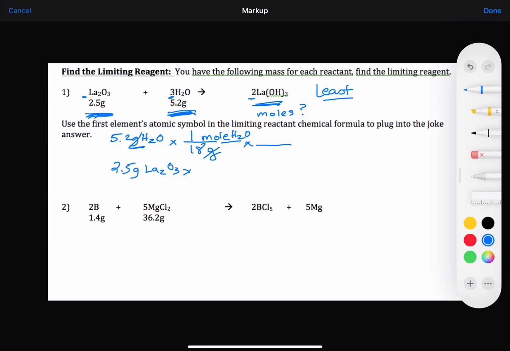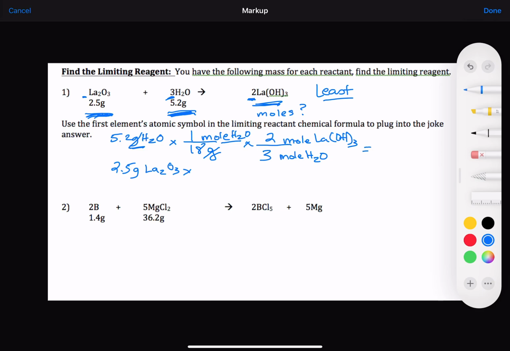Since I have moles of H2O on top here, moles of H2O goes on the bottom here, and then you put moles of lithium hydroxide on top. The mole to mole fraction comes from the coefficients. In front of lithium hydroxide, there's a 2. In front of water, there's a 3.